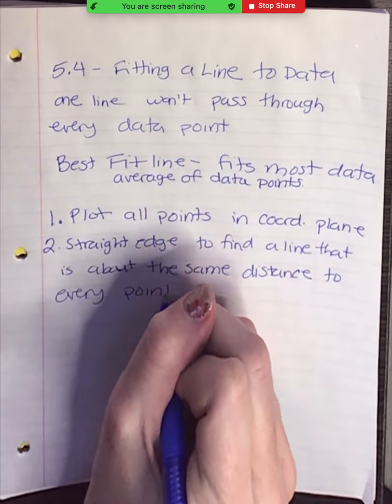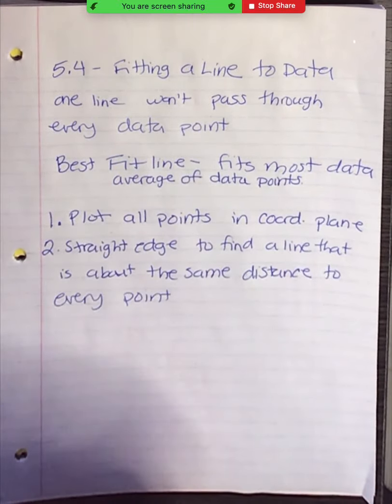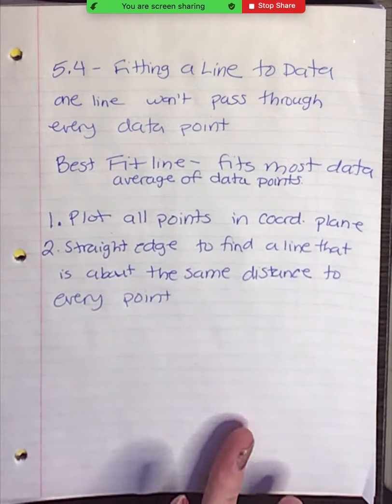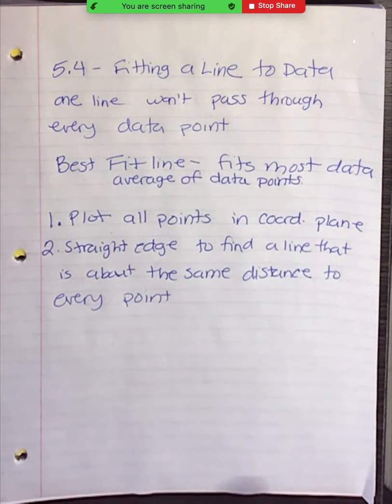We're all going to get something slightly different, because what one of us thinks is the best fit line is not necessarily what the next person thinks is the best fit line.